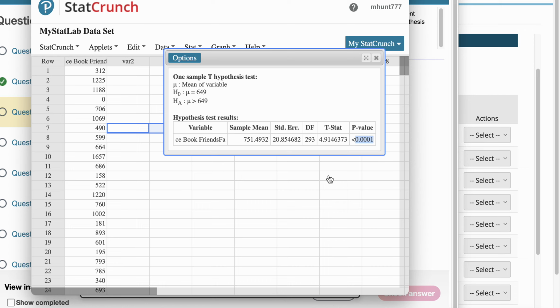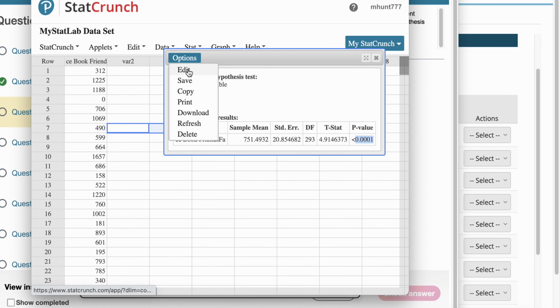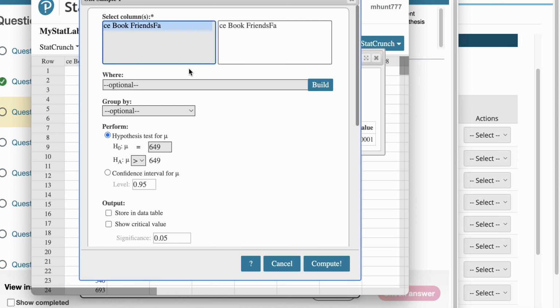Before we leave this, I want to tell you that very often when you find that there is a significant difference, you might want to follow it up with a confidence interval. So you could switch to a 90% confidence interval without having to enter anything again.